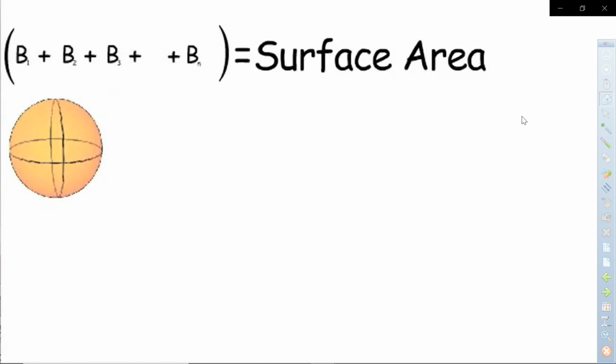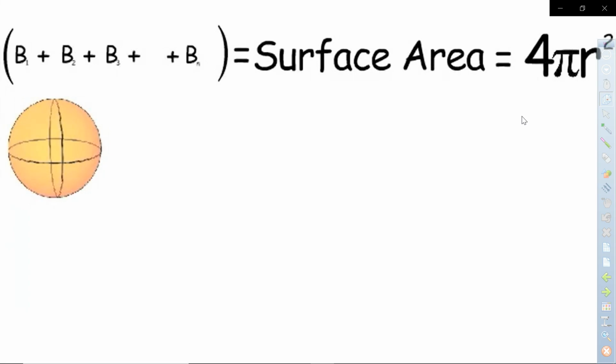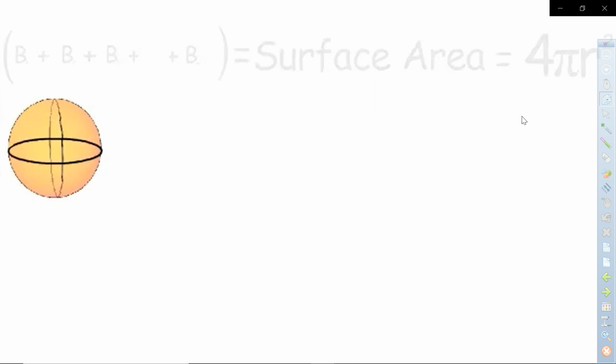Okay, so all of the bases added together is the surface area of the sphere, which is 4 pi r squared. All right, we'll get into that more in the future. But the surface area is just the outside of the sphere. If you were to paint it, that would be the surface area.